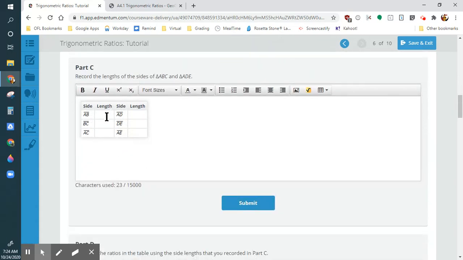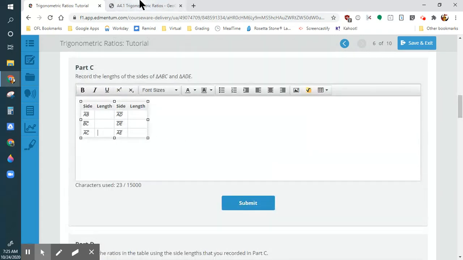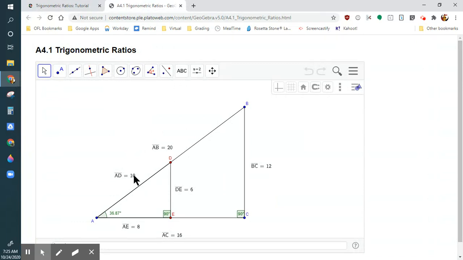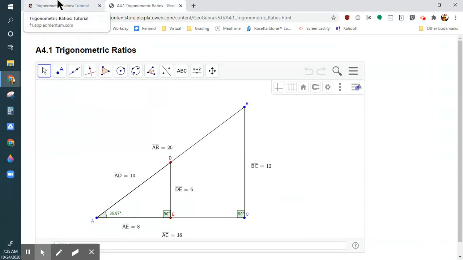All right, and now we want to put in all of this. I think they're going to prove it by side-side-side similarity. So AB is 20. And we said AD is half that length, and we saw that it was 10. BC, they're being really nice, I'm surprised they're not making us measure.